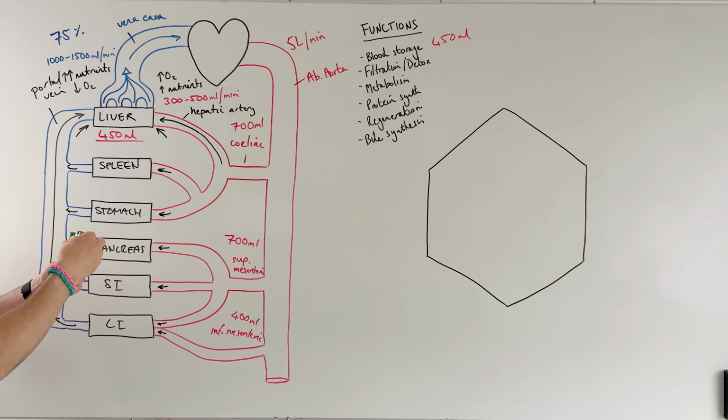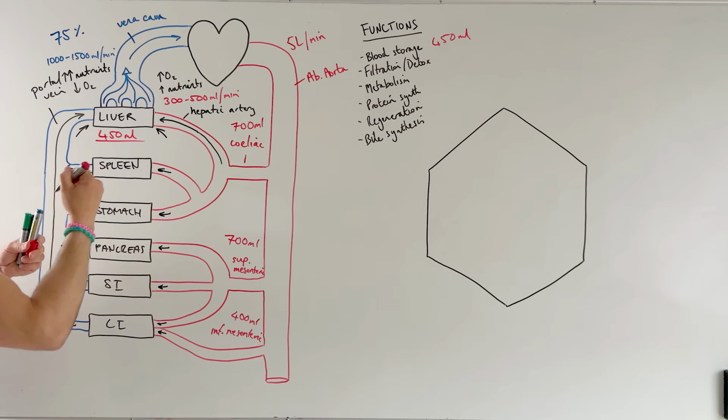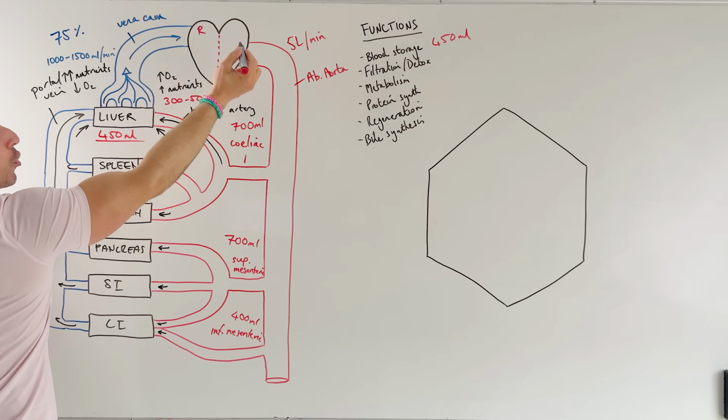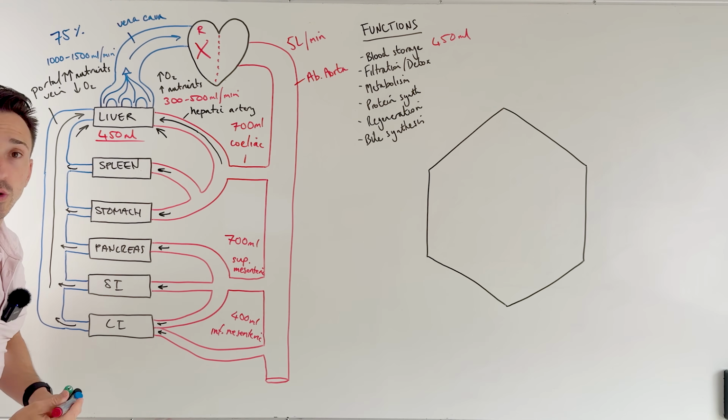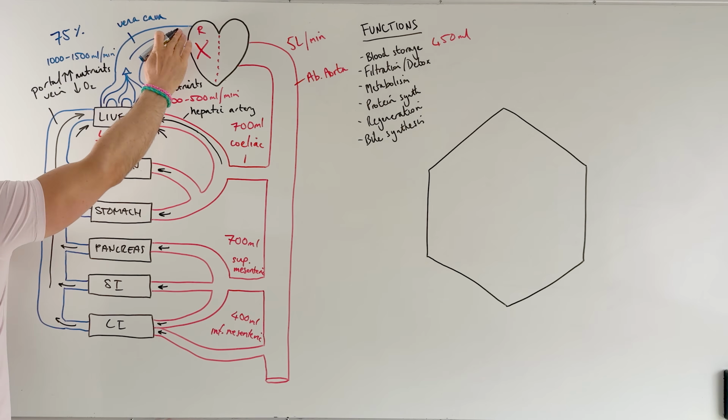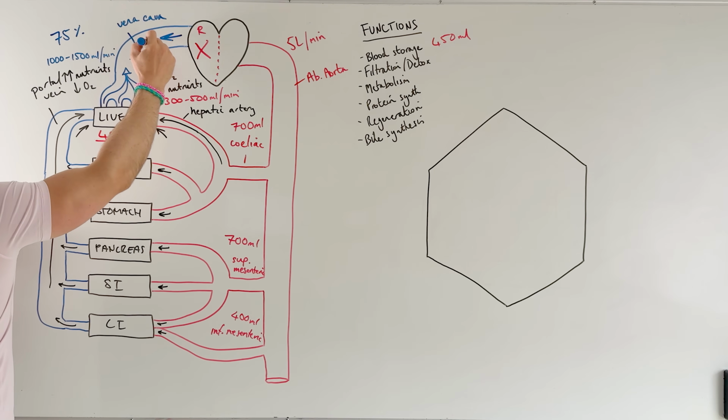Now, let's think about this, right? If the heart, remember the heart's got a left side and a right side. If the right-hand side of the heart stops working, that's called right side heart failure, what do you think happens to this blood? This blood ends up backing up.